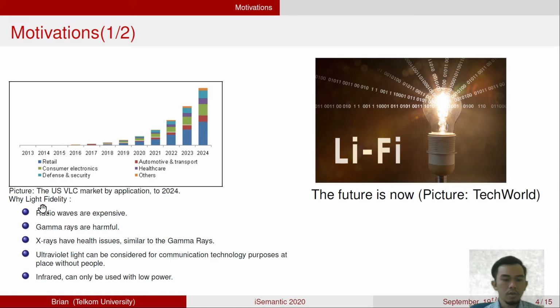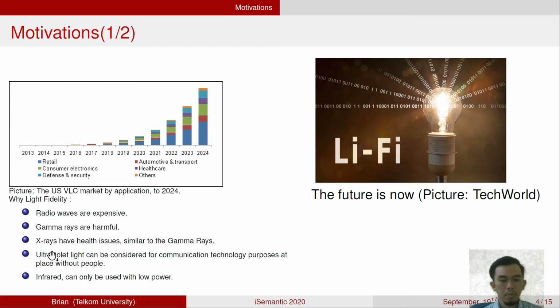And then why do we have to use light fidelity? First, radio frequency or radio waves are expensive, and we know that LEDs can be bought in markets near our home. Second, gamma rays are harmful for humans, and ultraviolet light can be considered for communication technology purposes, but without people.